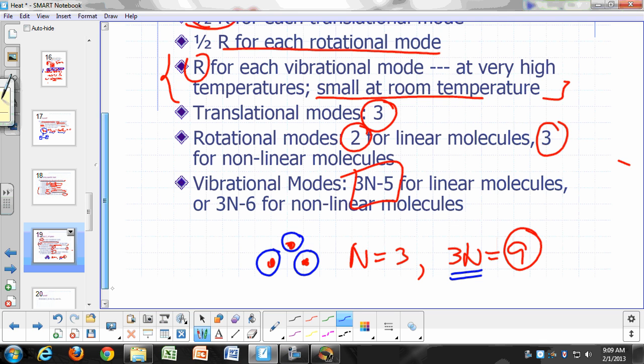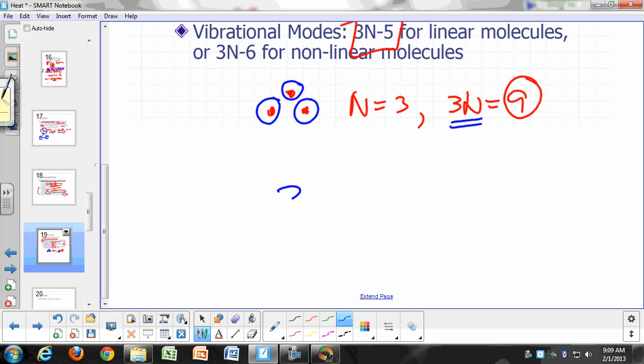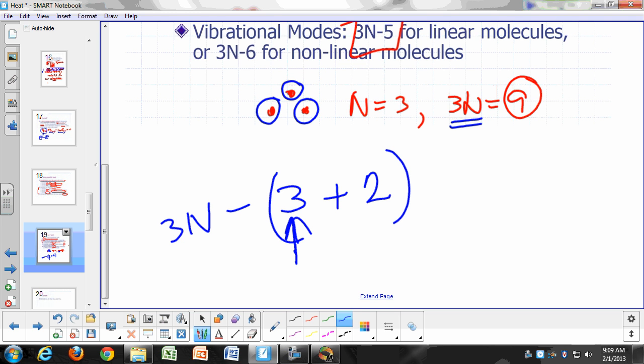Then you would have 3 coordinates for the center of mass, so that accounts for translational motion, plus 2 rotational modes for a linear molecule. You subtract that from the total 3n, which for a triatomic molecule would be 9 minus 5. So 3n minus 5 is the number of vibrational modes.